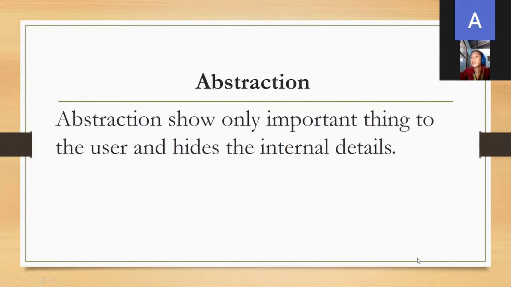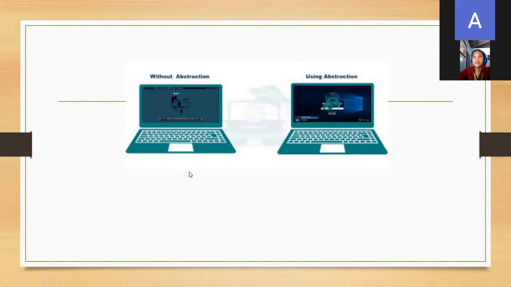So I have an example here, the laptop without abstraction and using abstraction. The purpose of abstraction is only to operate; the process of data or details is not important.